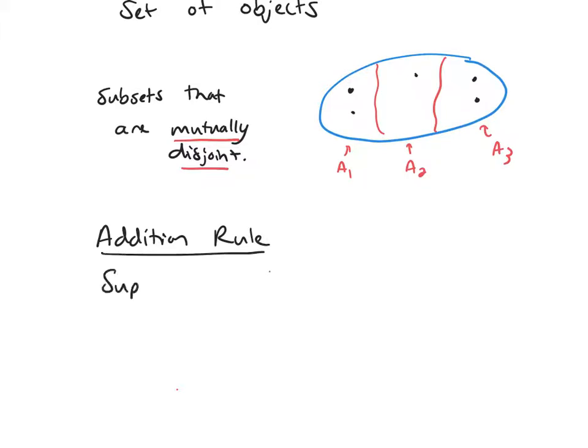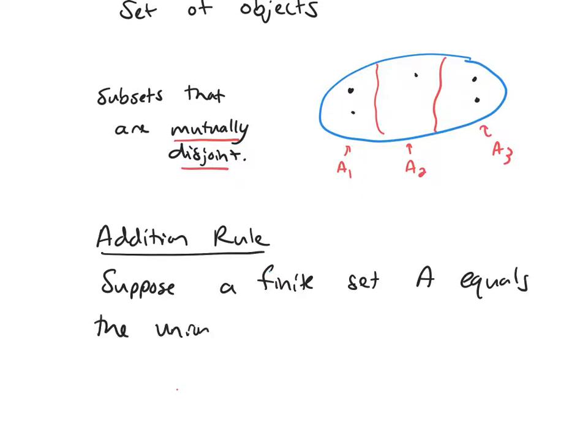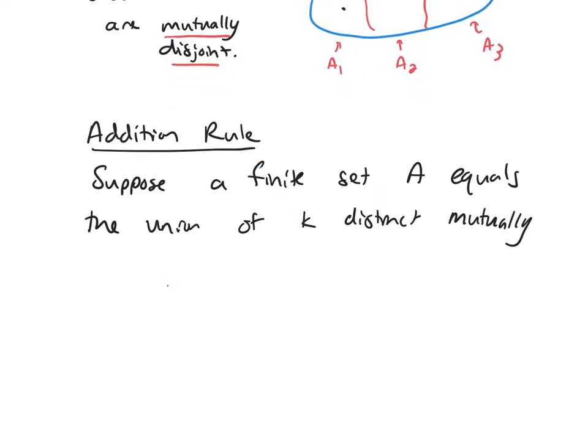So suppose a finite set A equals the union of k distinct mutually disjoint subsets A1, A2, up through AK.